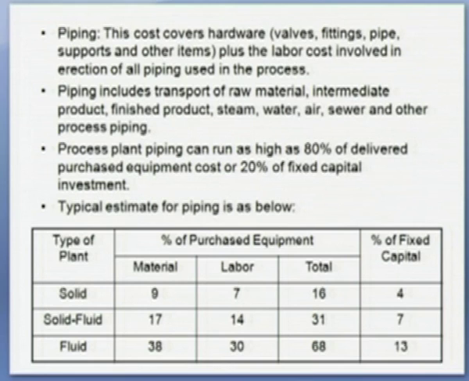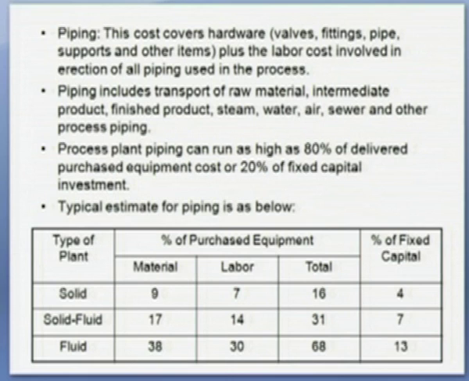Then comes the piping. This cost covers the hardware, the valves, fittings, pipe, supports and other items, plus the labor cost involved in erection of all piping used in the process, including special piping that needs to be built around a particular equipment. Piping includes the transport of raw material, intermediate product, finished product, steam, water, air, sewer and other process piping.